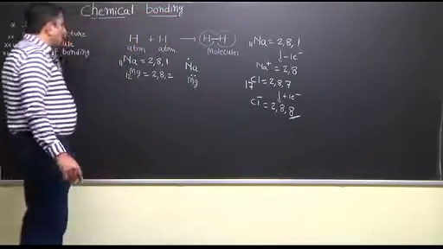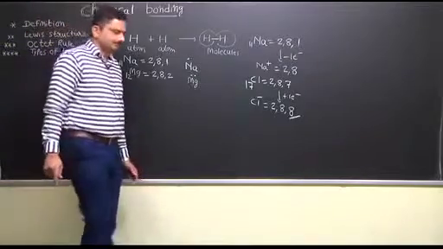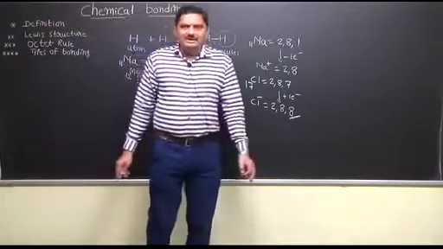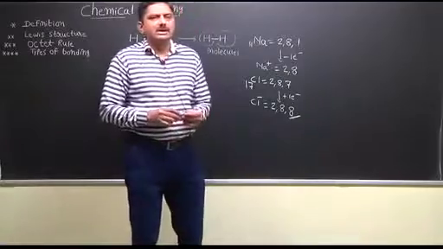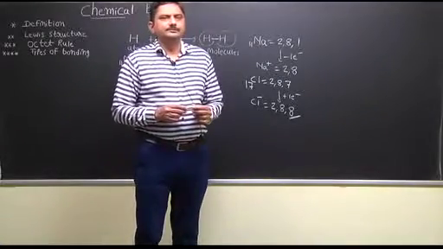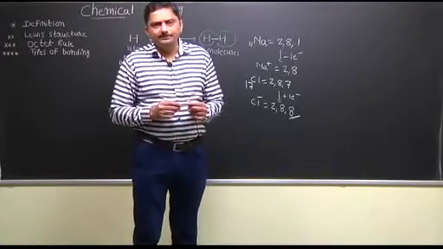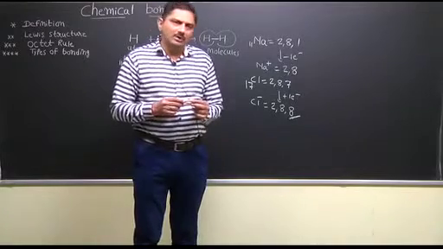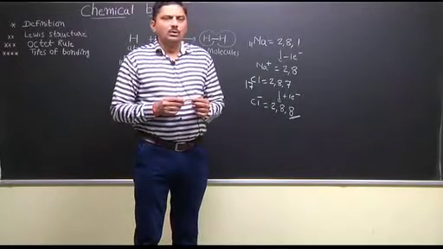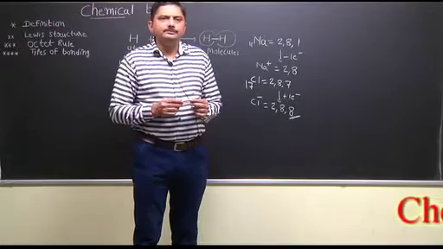Now, types of bonding. Mainly, there are 3 types of bonding. First, ionic bond. Second, covalent bond. Third, coordinate covalent bond.